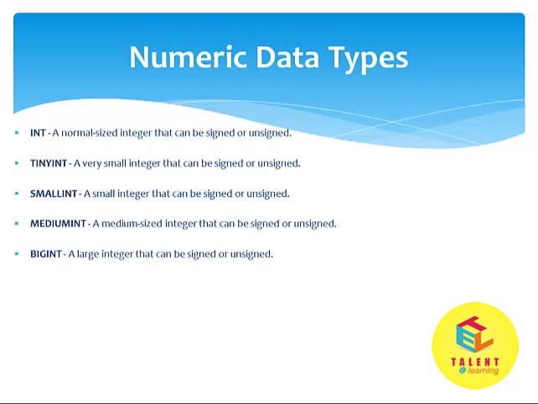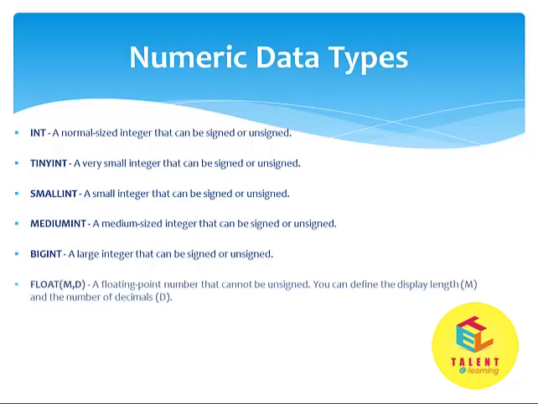Big int, a large integer that can be signed or unsigned. Float, a floating point number that cannot be unsigned.